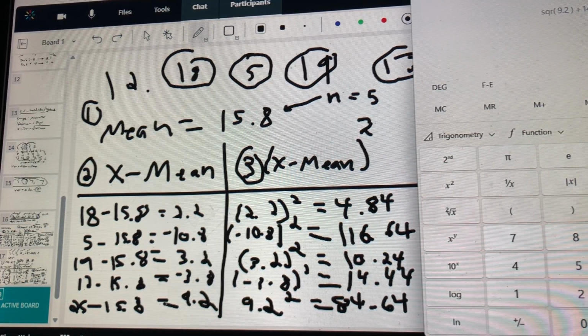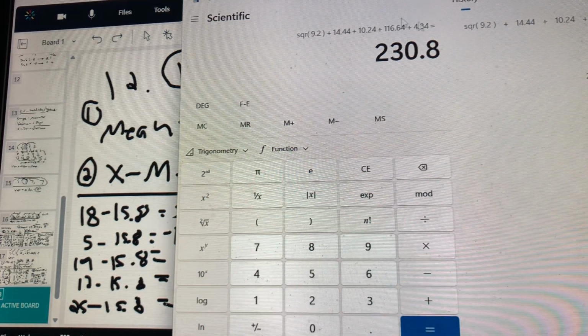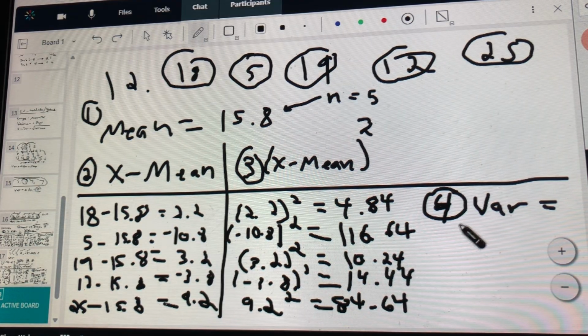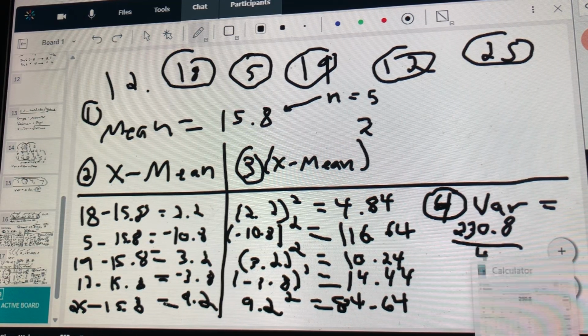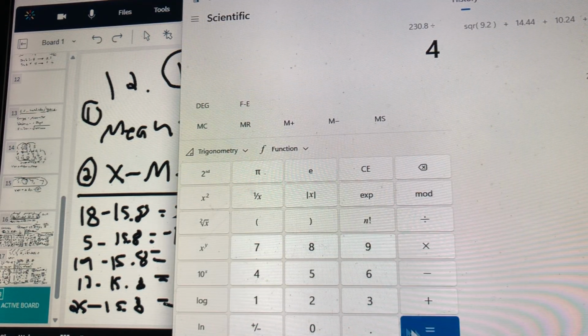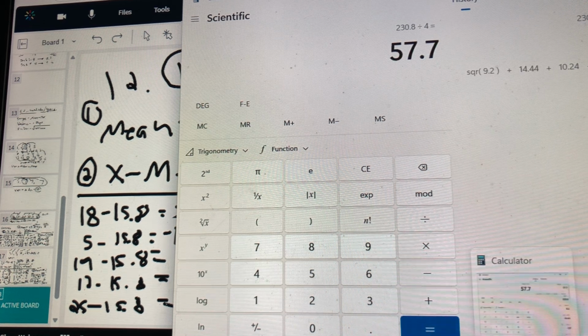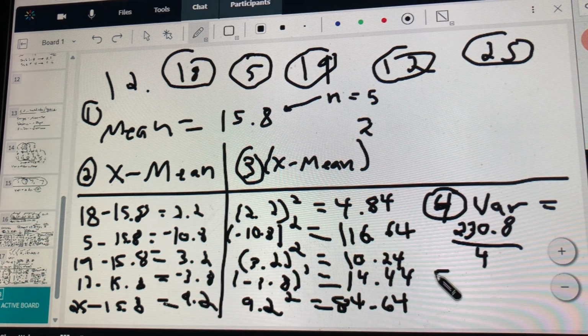The squared column adds up to 230.8. Divided by 4, not divided by 5, because it's always one less when you're doing sample variance. So it came out to exactly 57.7. The sample variance is 57.7 exactly.